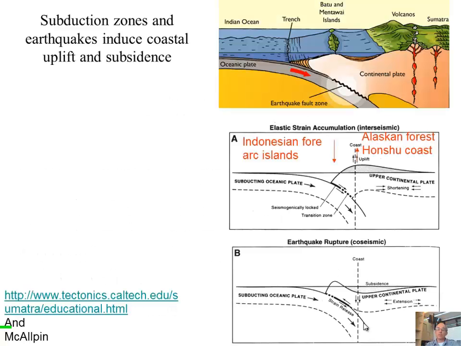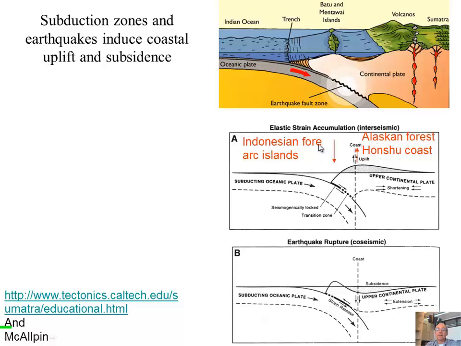So just to remind you, we've already been talking about this, so this is a repetition, but this idea that interseismically, we have this locked interface, and so it's pulling part of the upper plate down and lifts the other part of the upper plate. So it depends where you are. Different things happen.